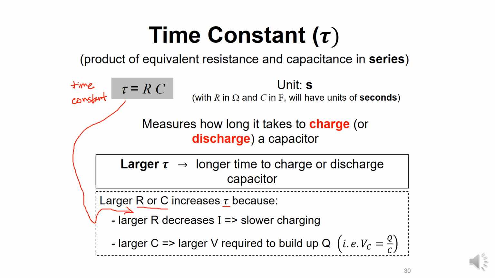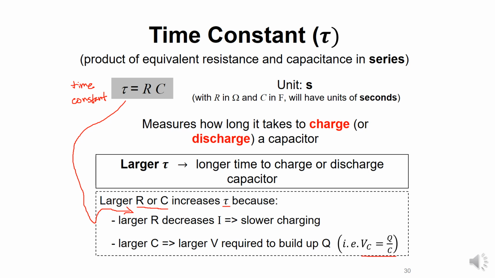And similarly, if you have a bigger capacitor in your circuit, the capacitor will require a bigger voltage to build up sufficient charge. Okay, so we know that V equals Q over C. That's the capacitor equation. So if you start with a bigger capacitor in your circuit, you have to wait until you develop enough charge.